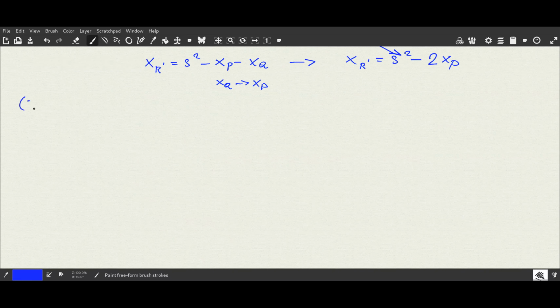Case 3, if, for example, let's say Q is theta, then we define any point P plus Q to be P itself.